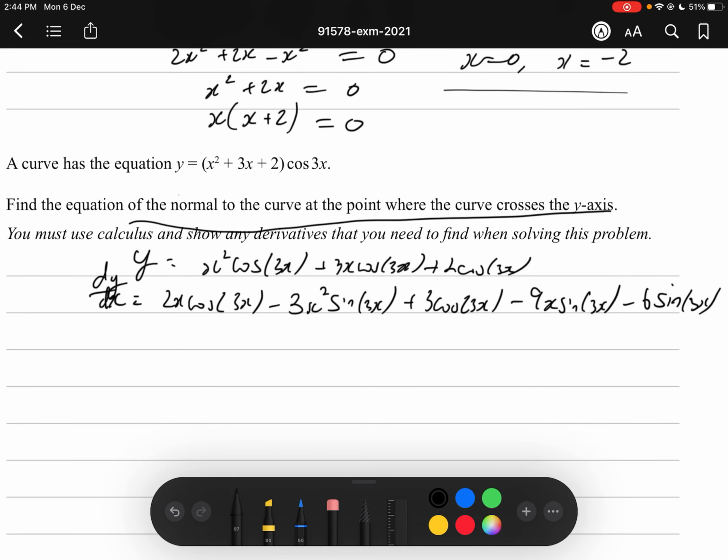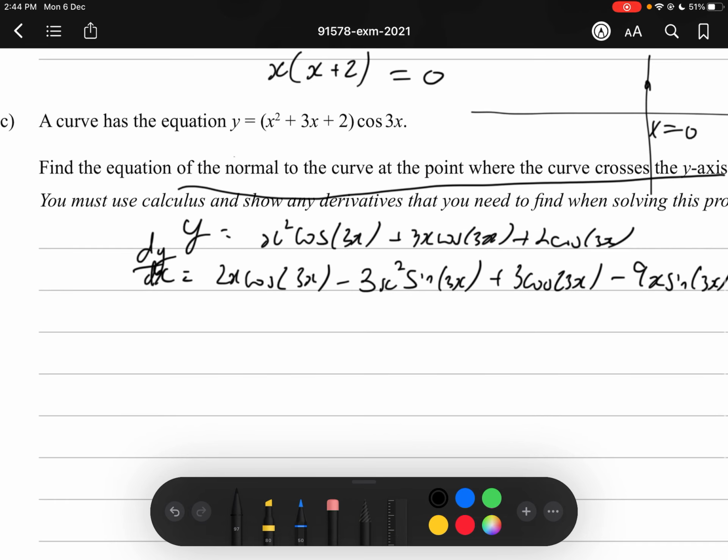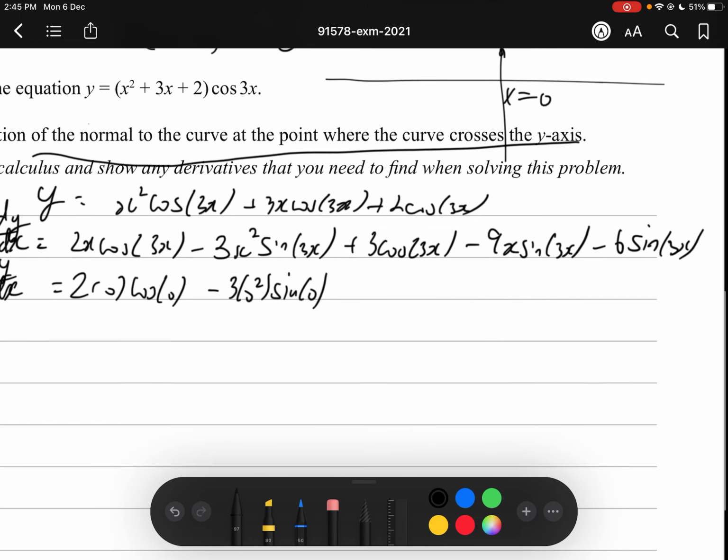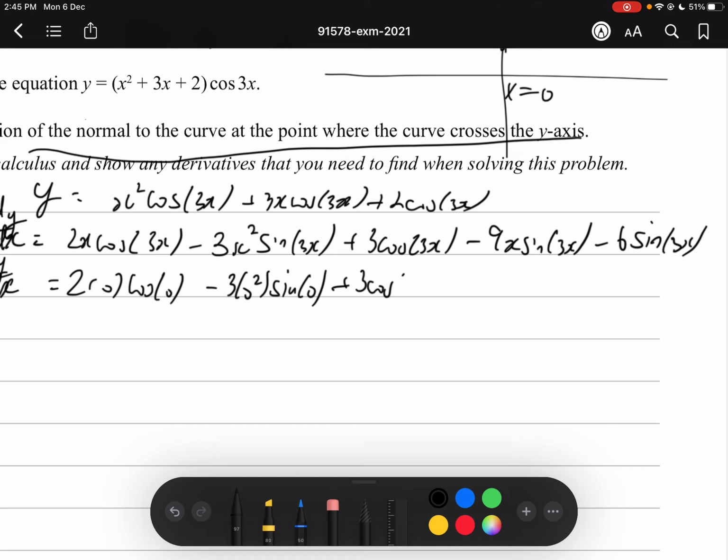We need to find the equation of the normal where the curve crosses the y-axis. When the curve crosses the y-axis, the x value is equal to 0. So we can just plug x equals 0 into this gradient function. So 2 times 0 times cos of 0, minus 3 times 0 squared times sine of 0, plus 3 cos of 0, minus 9 times 0 times sine of 0, minus 6 sine of 0.